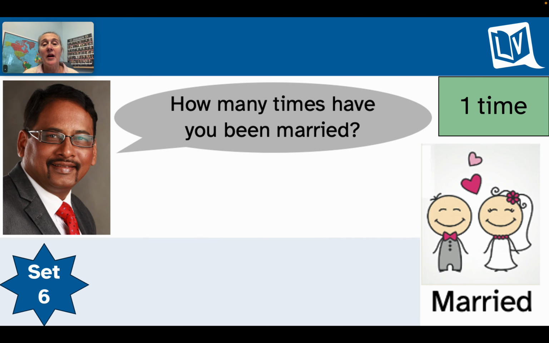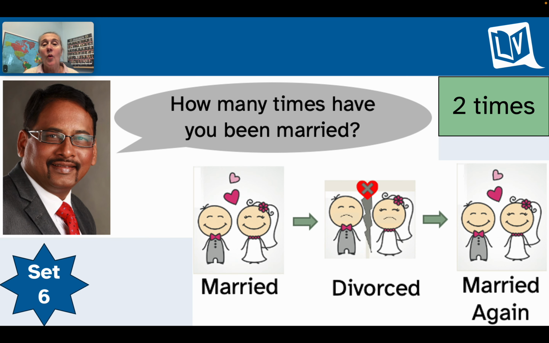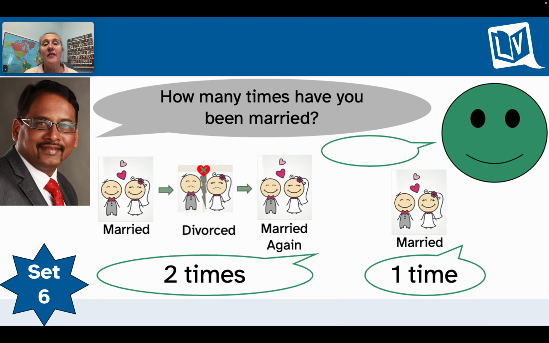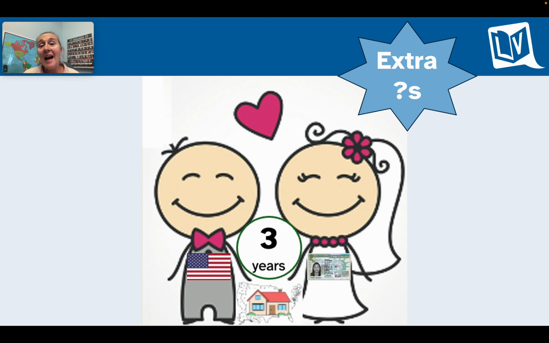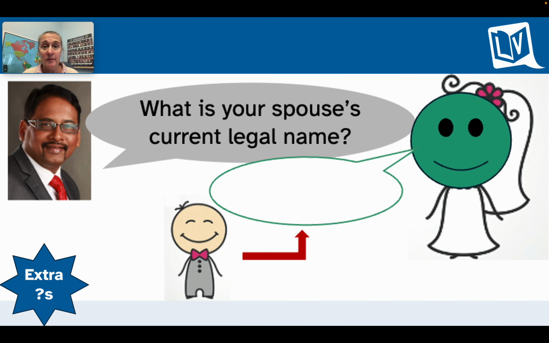So if you were married 1 time, or if you were married 2 times, how many times have you been married? There are extra questions in this section of the application if you are applying as the spouse of a U.S. citizen. So now we're going to look at those extra questions.